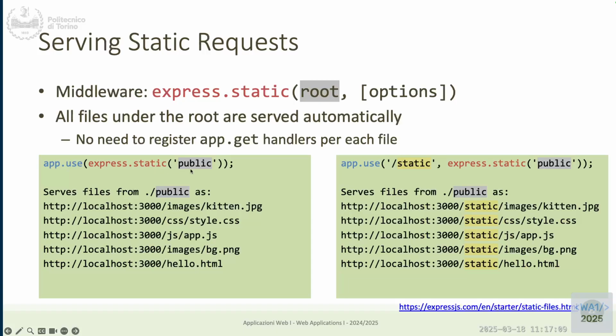Say, okay, all files that are in the folder public, which is below the current one, are automatically handled by Express. So if I have a get for a path name that matches one of the files stored in the public folder, Express will automatically take the file, encode it, and send it as a response without you doing that.